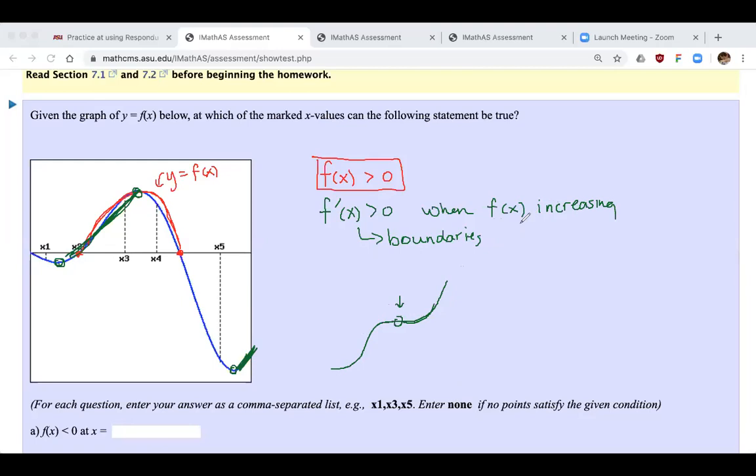So f of x is increasing between places where the derivative is 0, which are tops and bottoms of hills, like maxes and mins. Or, although this original graph doesn't have one, if there were some at those flat spots, a pause in the increase or decrease.